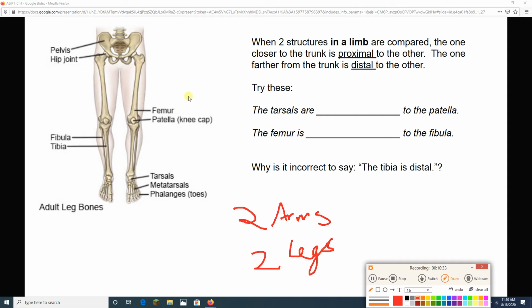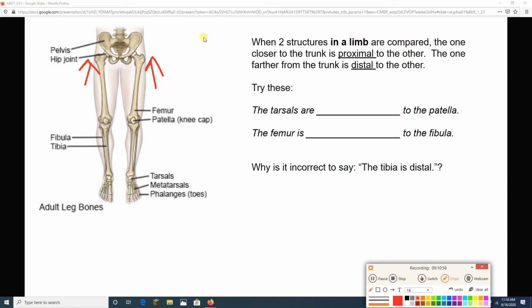If you are in a limb, you are going to use a pair of words called proximal and distal. You're going to use those when you are in a limb, okay? Now, you're going to use the word proximal if something is closer to the trunk, like closer to the hip.